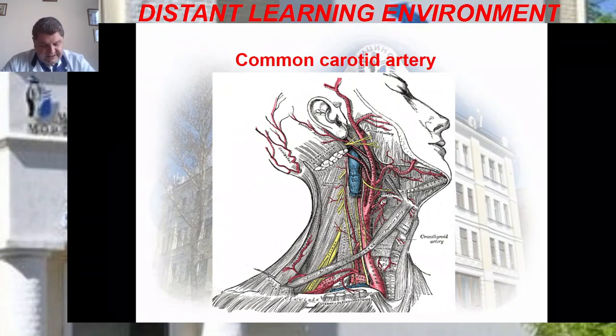Sometimes the external and internal carotid arteries arise not from a common trunk, but separately from the aorta, as I told you earlier. You must remember these cases because it's very important to save a life after damage to these arteries.